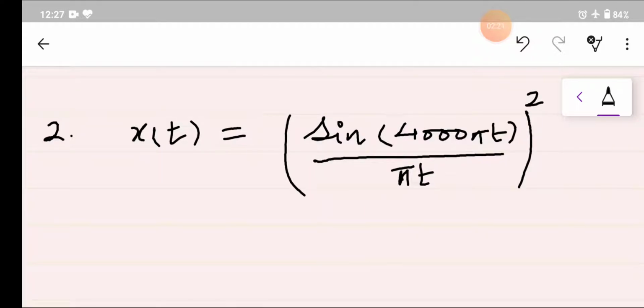Okay, so this problem is given to us. Here the signal sin 4000 pi t is squared.